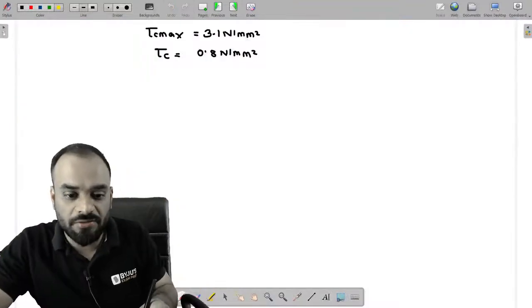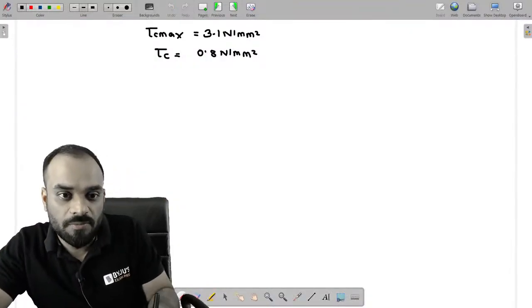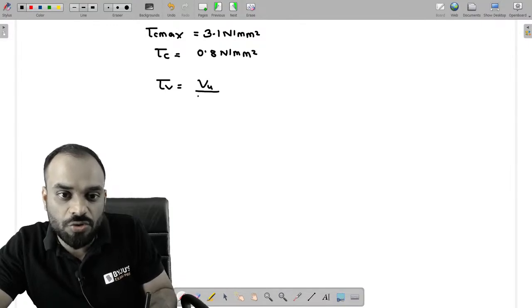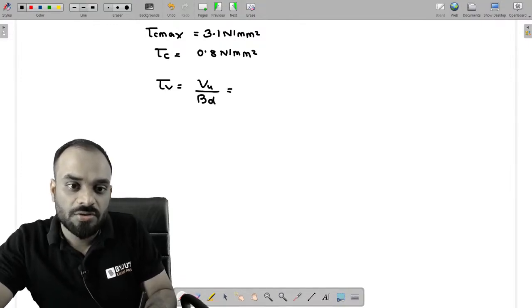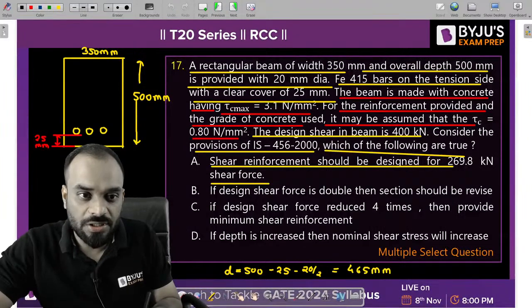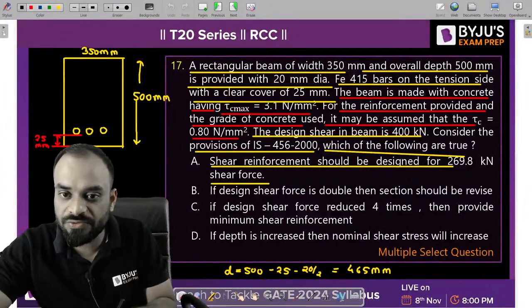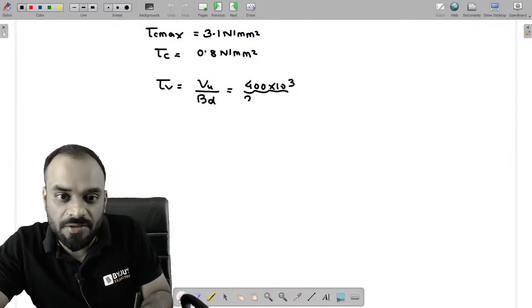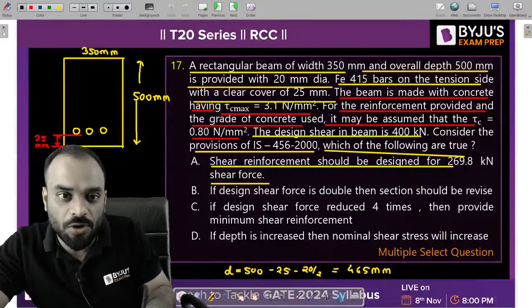Now let's calculate the value of tau v. Tau v is equal to Vu by B into D. So Vu, design shear force, is given. Yes, it is 400. So 400 into 10 raised to power 3 divided by B. B is 350. Small d is equal to how much?